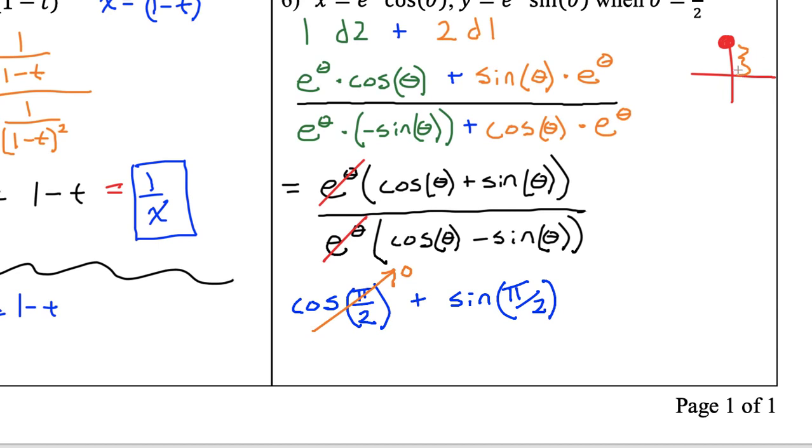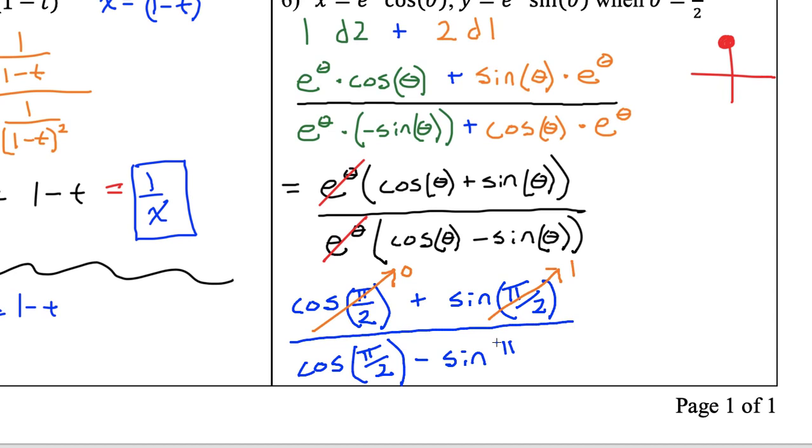Well, I've moved 1. So sine of pi over 2 is 1. All of this is being divided by basically the same thing on the bottom. I have cosine of pi over 2, but now minus sine of pi over 2. And both of those are going to work out the same way, so this is going to be 0, and that's going to be 1.